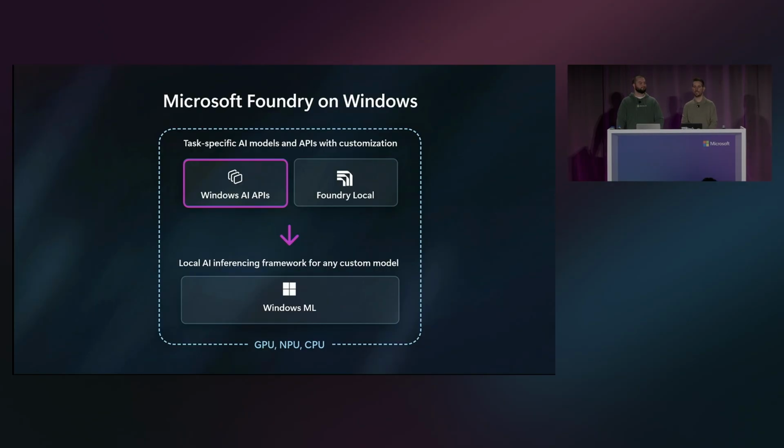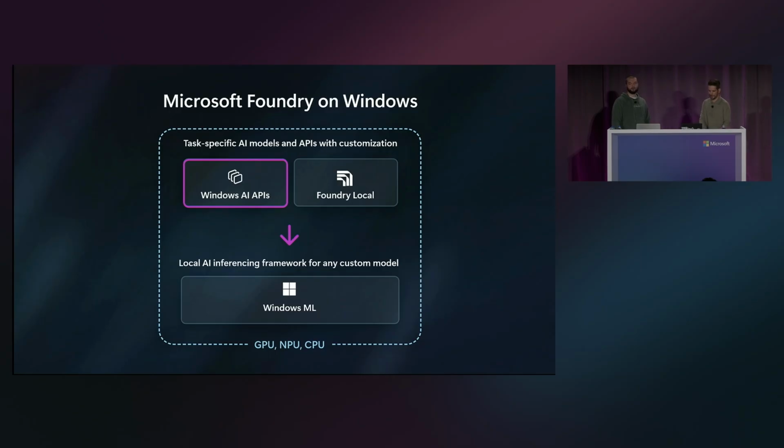What's great is these models are automatically downloaded to the user's PC, they are shared across the system, and are available to multiple apps. This means developers don't need to worry about resource consumption or deployment overhead. It's all handled for you by Windows. And of course, every generative model that we ship is safety aligned and meets industry-leading quality standards.